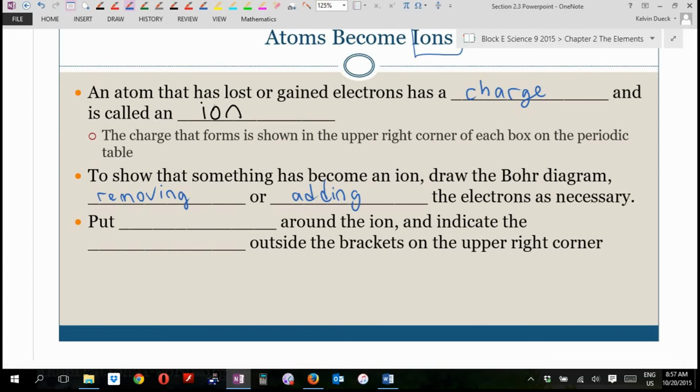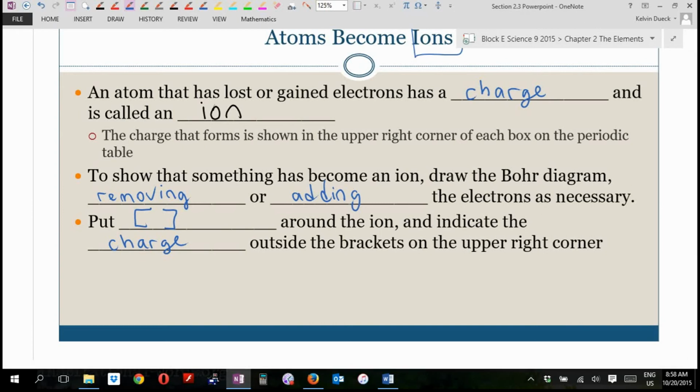The problem is if you just do that, whoever's looking at your picture might just think, oh, you forgot to finish the final row of electrons. To show that you did it deliberately, to show that you're making an ion, we put square brackets, and we indicate the charge outside the brackets in the upper right corner.